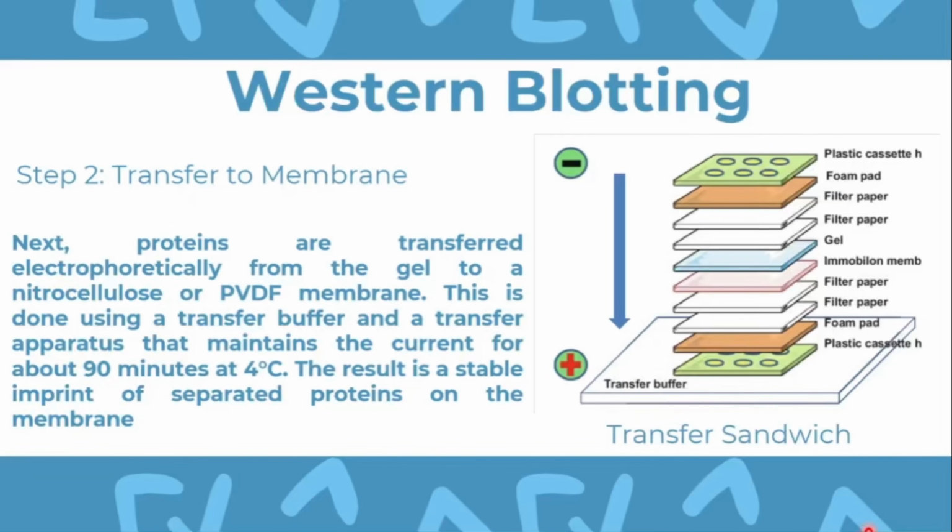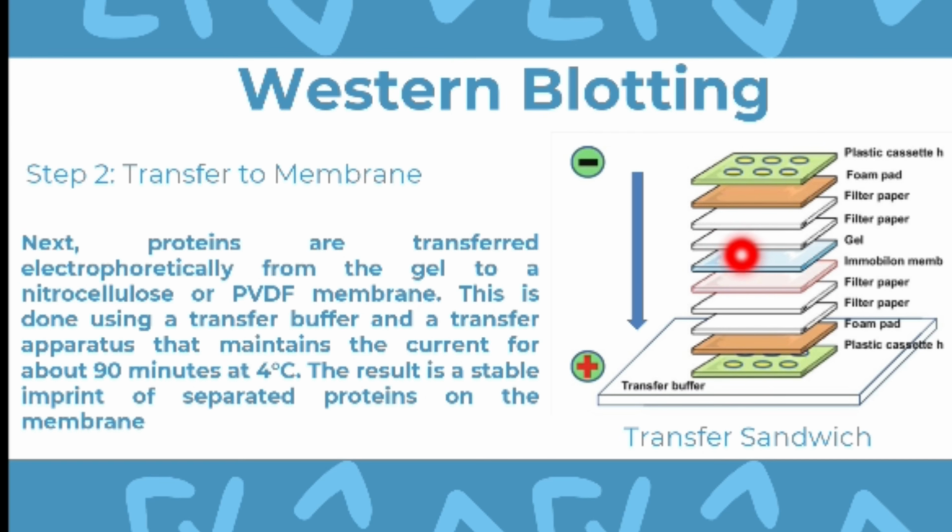In the next step, the proteins in the gel are transferred to a nitrocellulose membrane using this setup described here. So you have your gel, this is the gel which contains the proteins, then you put your nitrocellulose membrane right underneath it.